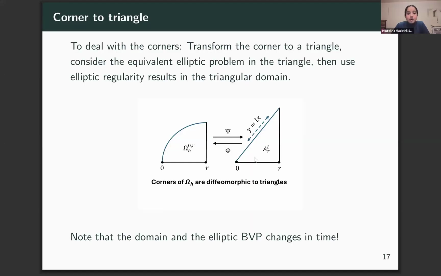So to analyze the corners of omega H, what we in fact do is to transform the corner to a triangle using a diffeomorphism and then analyze the equivalent elliptic boundary value problem in the triangle, use the elliptic regularity results already known in domains like this, and then transform everything back to obtain regularity of U in the actual domain.